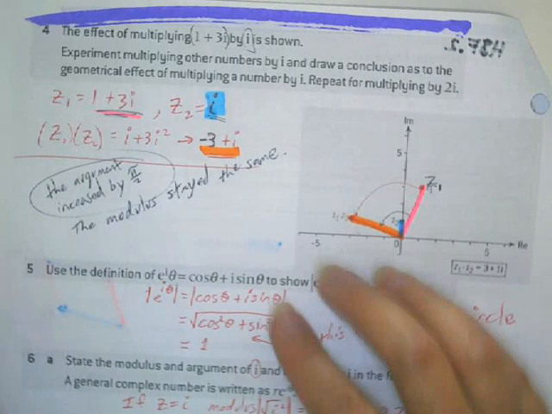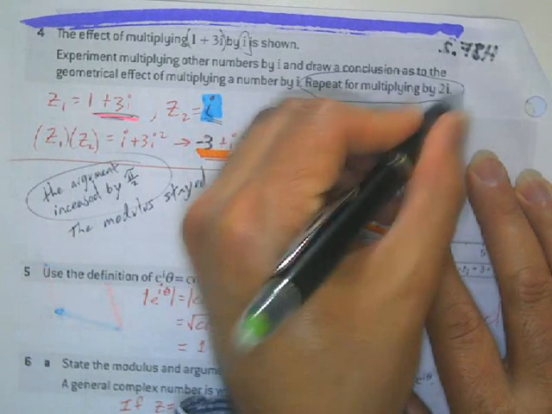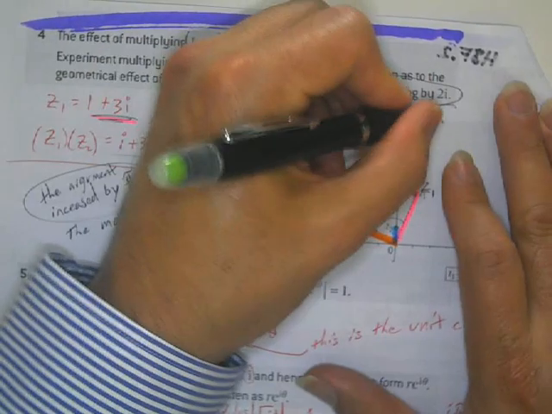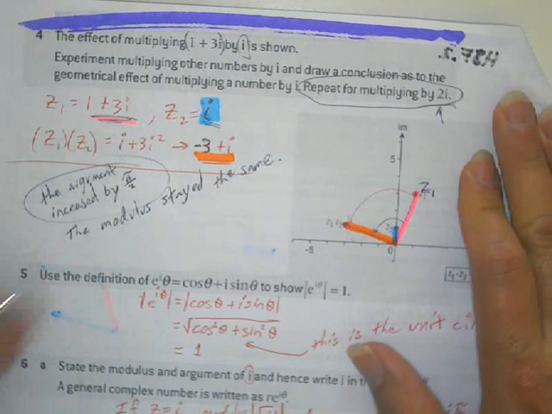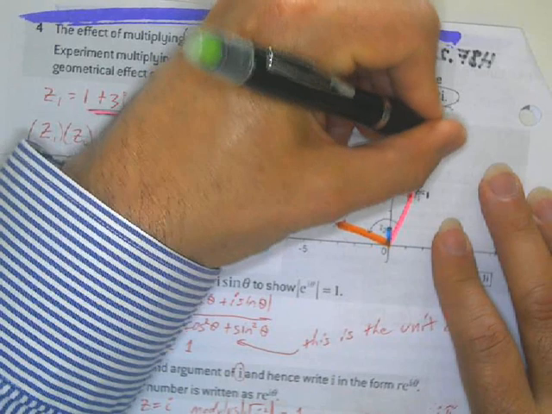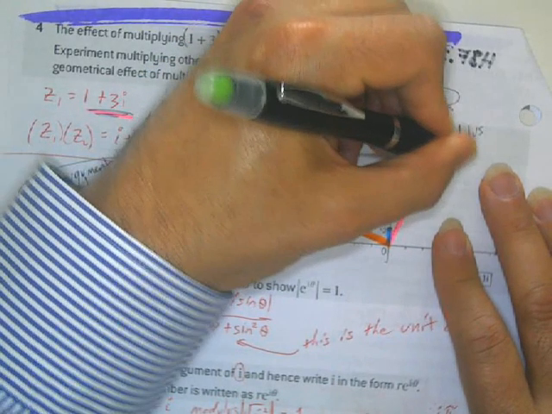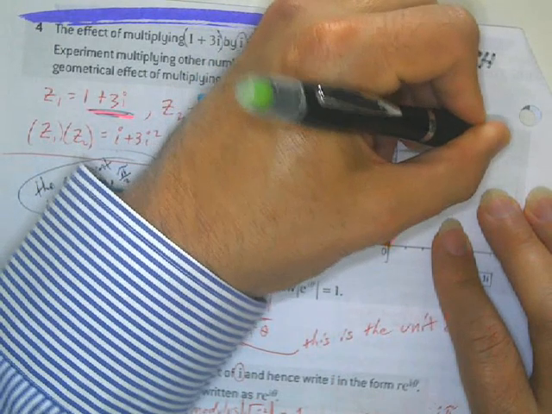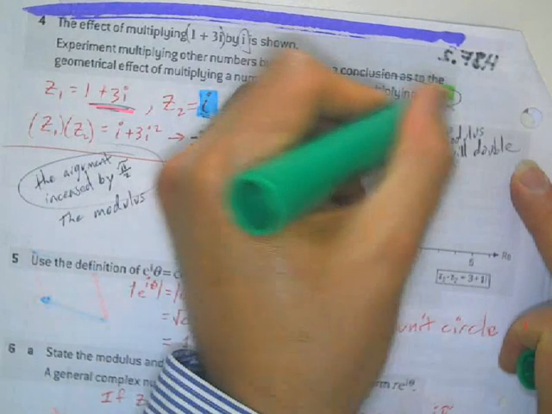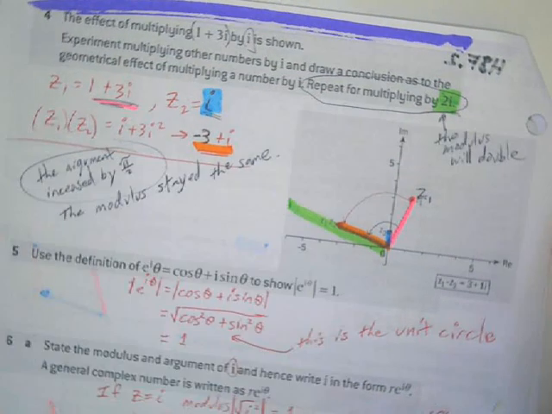Now, this says repeat by multiplying with 2i. So guess what? If you multiply by 2i, then the modulus will be doubled. Right, so if I multiplied by 2i, then this line here would be twice as long.